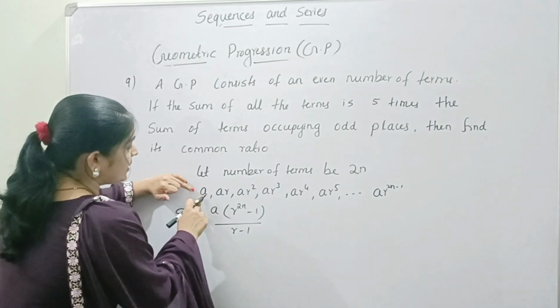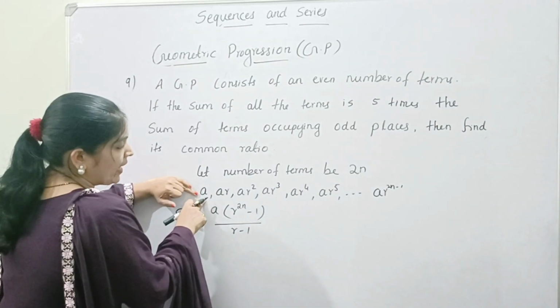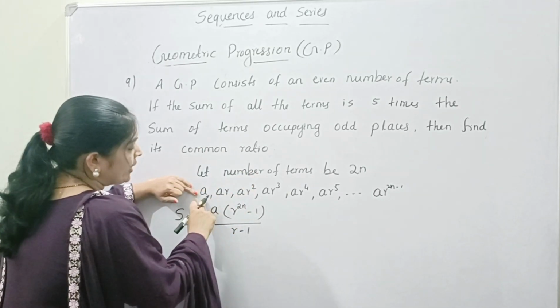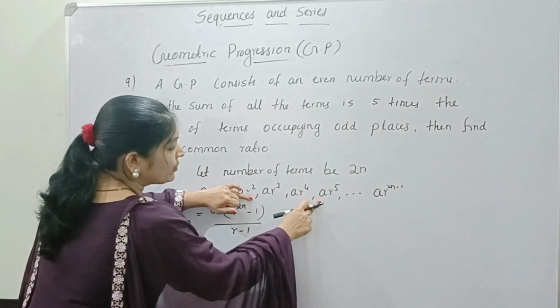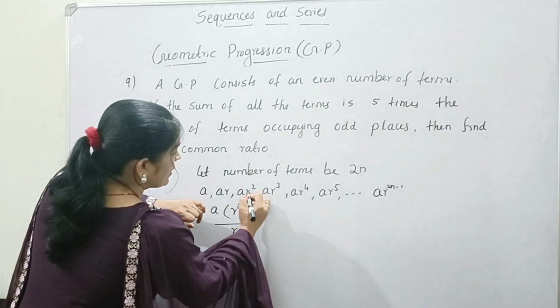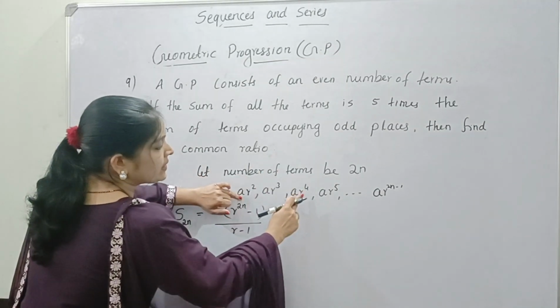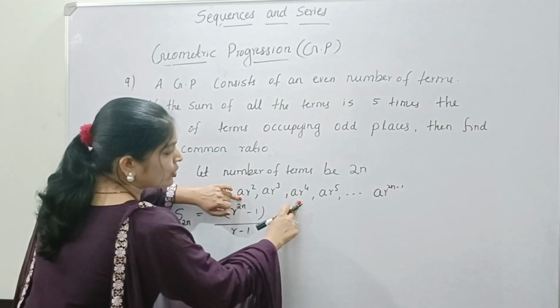Next, the first odd place is the first term a, the next odd place is the third term, so a, then ar square, next ar raised to 5 is the fifth term. First term, third term, fifth term: a, ar square, ar raised to 4.